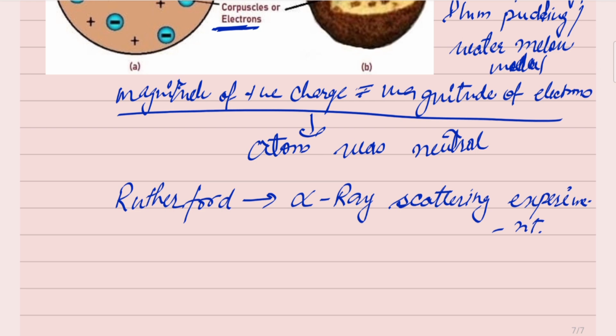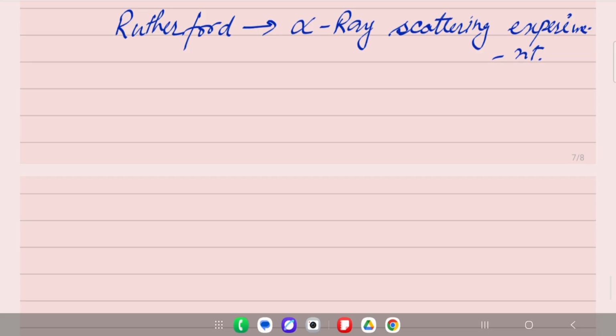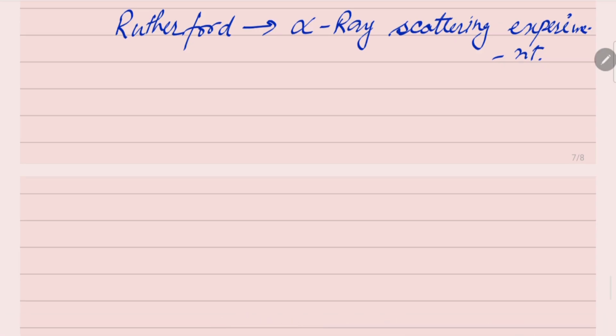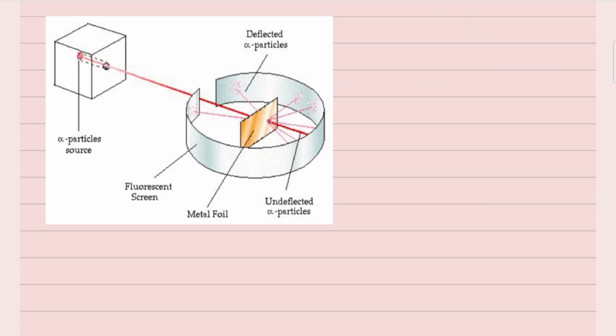So our second model of an atom is Rutherford model of an atom. So let's talk about it.